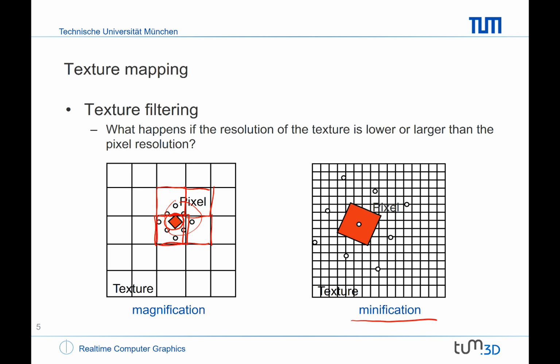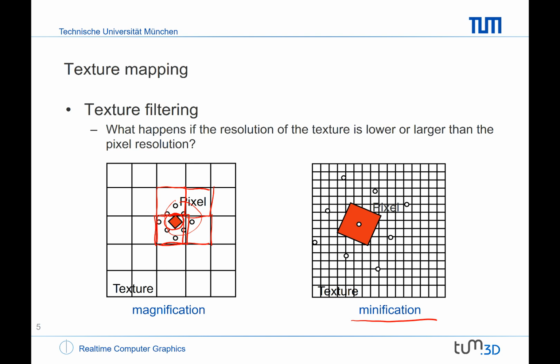However, if we stick to our described strategy to only evaluate what is seen through the center of that pixel, then we only would determine one single texture value, seen when looking exactly through the center of that pixel, and this value would then be assigned to the entire pixel.